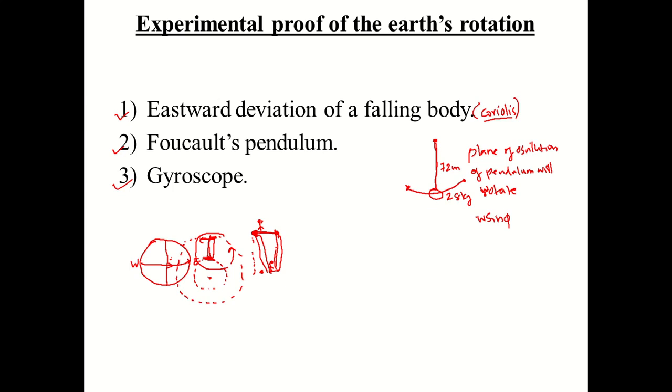So in brief, these are the different experimental proofs for demonstrating the Earth's rotation. One is the eastward deviation of a falling object, the second one is the Foucault's pendulum, and the third one is the gyroscope.